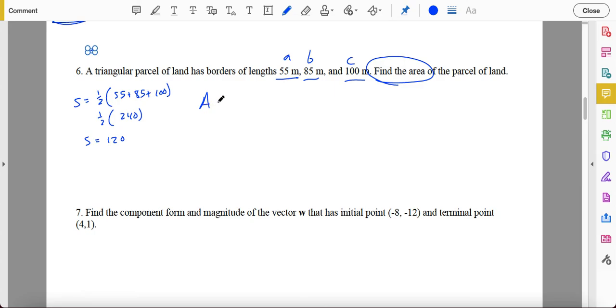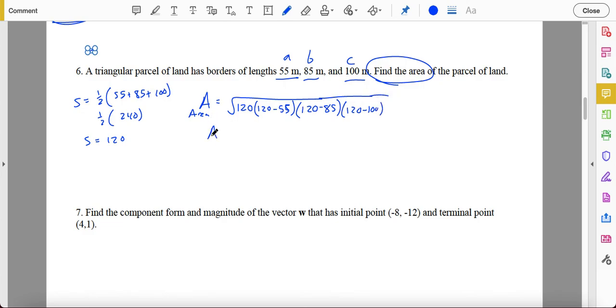So area equals the square root of s, which is 120, times s minus a, so 120 minus 55, times s minus b, so 120 minus 85, times s minus c, 120 minus 100.